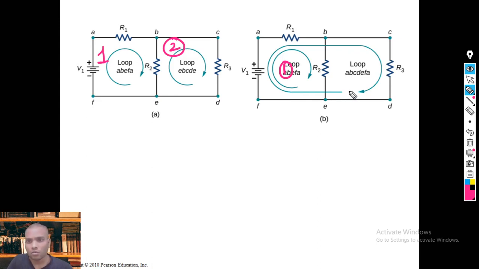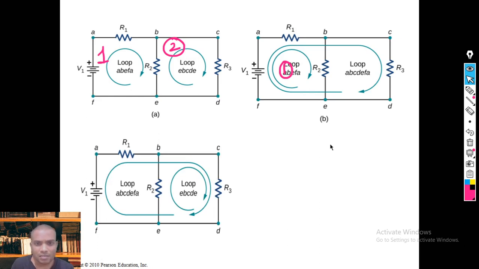Here the loop considered is A, B, C, D, E, F, A. So this loop covers all the components in the given circuit. It's supposed to cover almost all the components. Then only can we get more equations to solve for the given components.